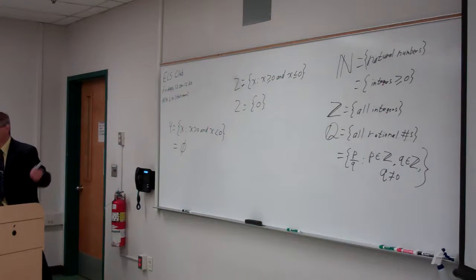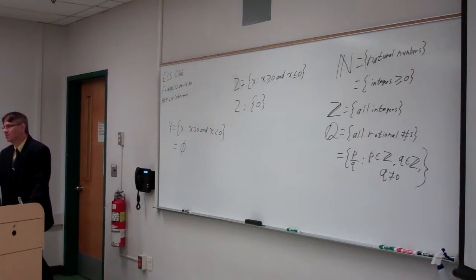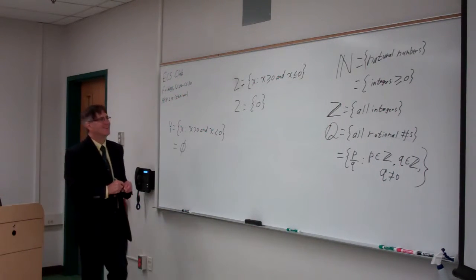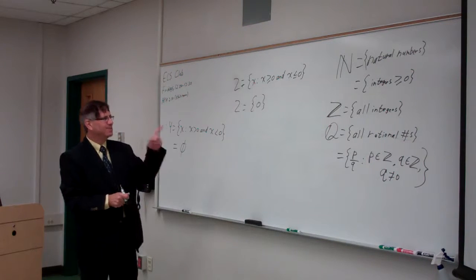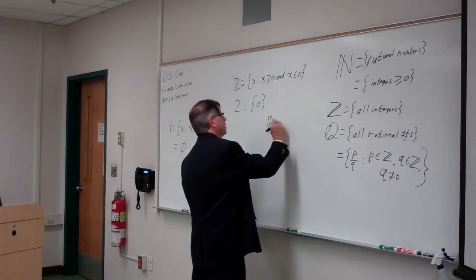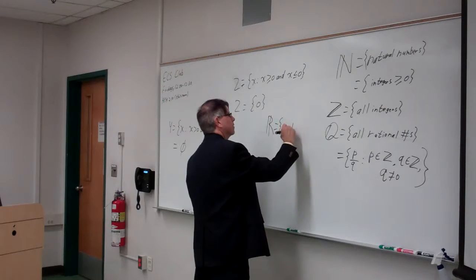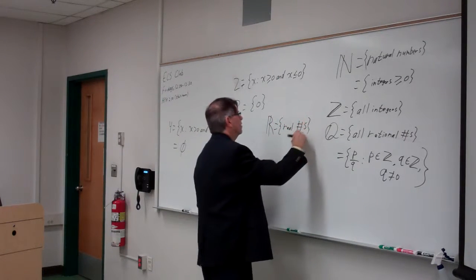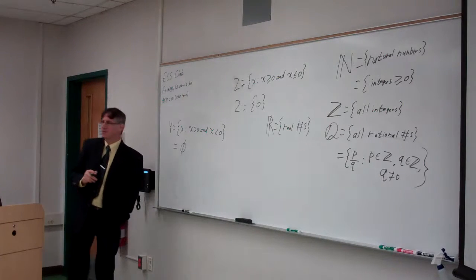Absolutely, yeah. That could be some other set that you've defined somewhere else. It could be the set of happy integers. So Q is the set of rational numbers. Funny, R is the set of real numbers.